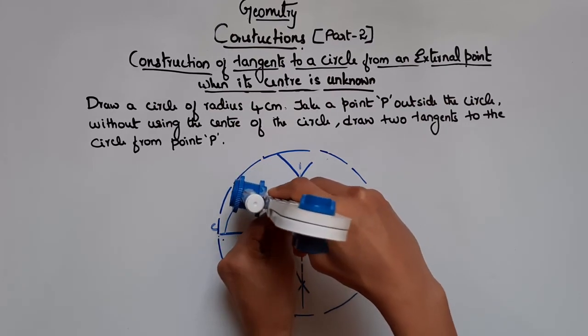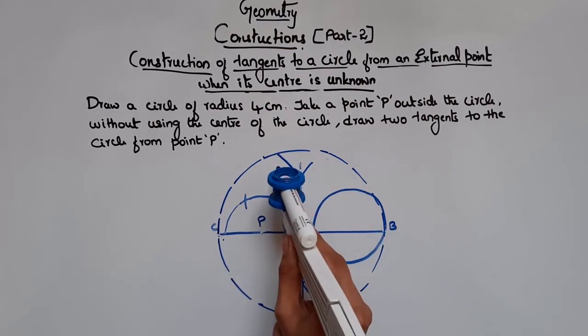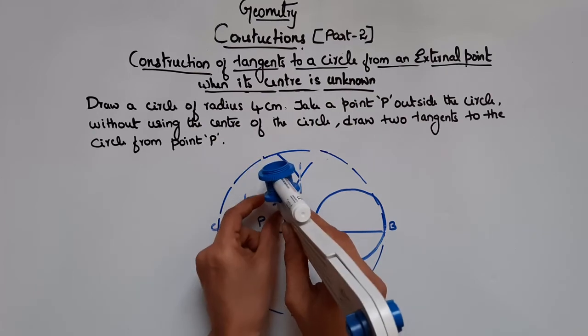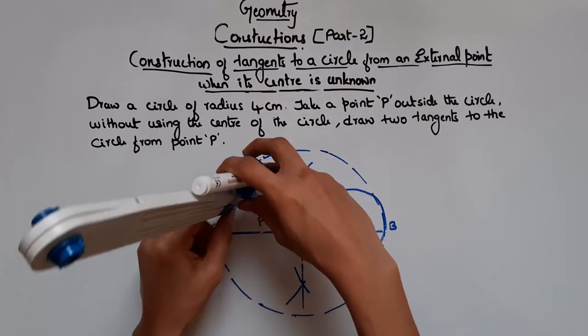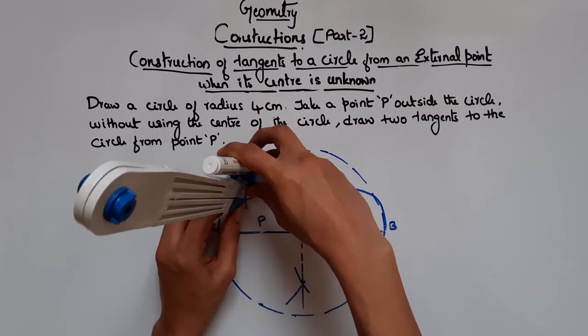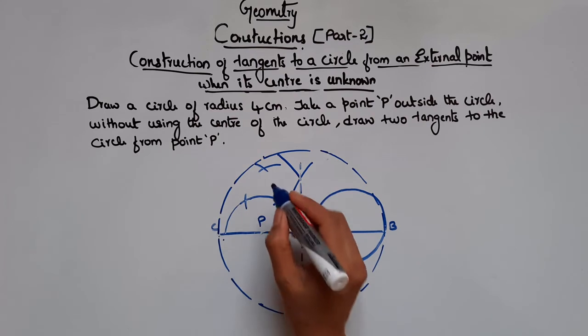This is a little slippery. Now you will take the same length, keep it at this point and cut like this, and from this point you will cut this arc. So now you got a point there.